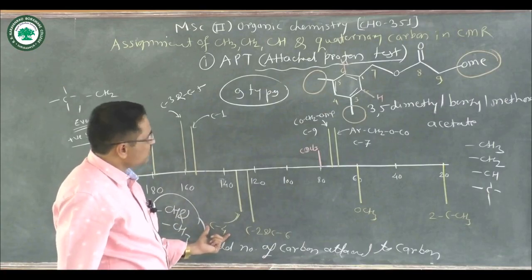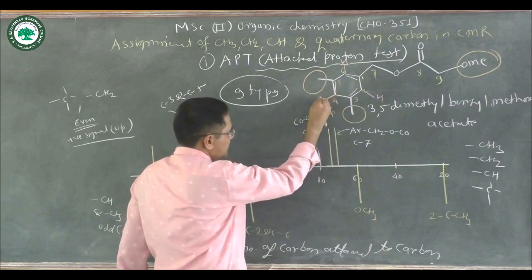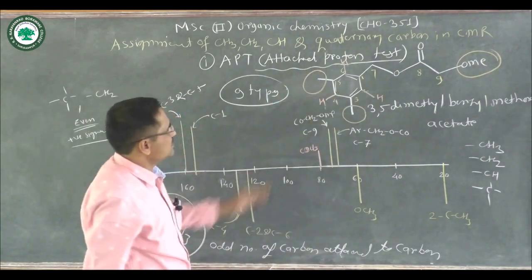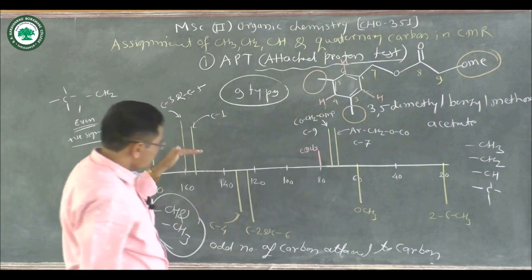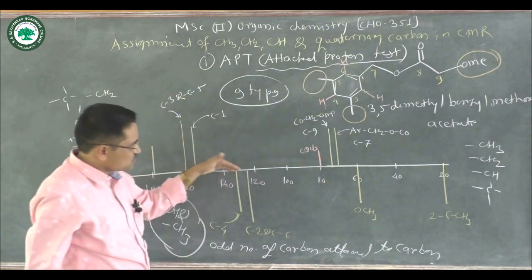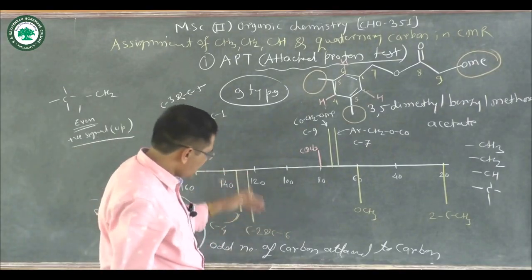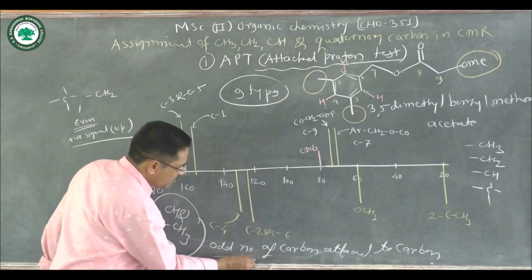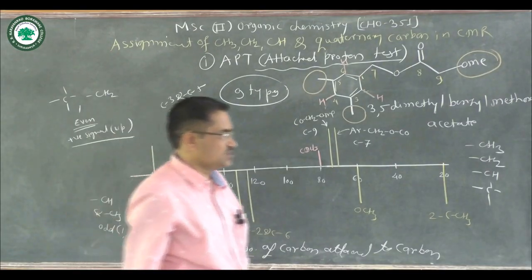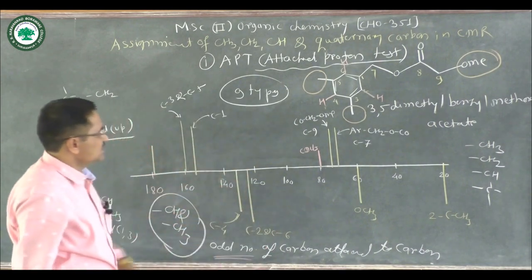Then C4, here this C4 carbon atom. In the attached proton test, those signals appear downward. Generally, an odd number of protons are attached, and they are downward.